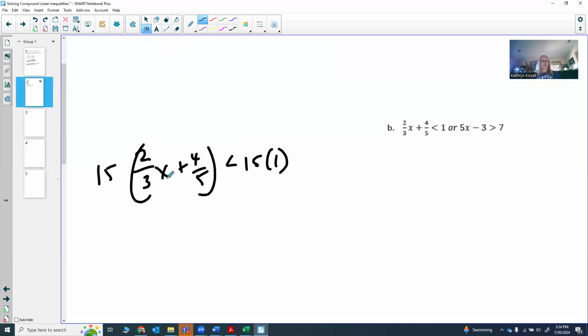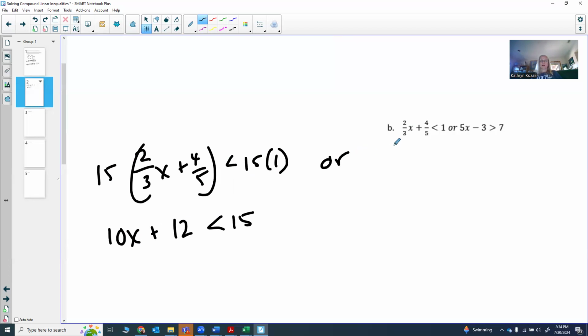Okay, 15 times 2/3 x plus 4/5 is less than 15 times 1, which is equal to 10x plus 12 is less than 15.